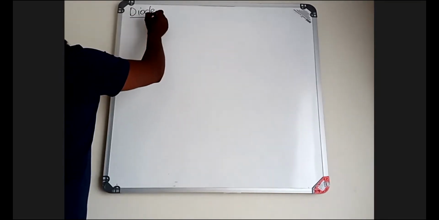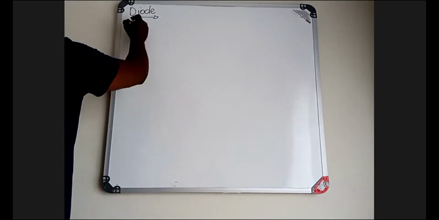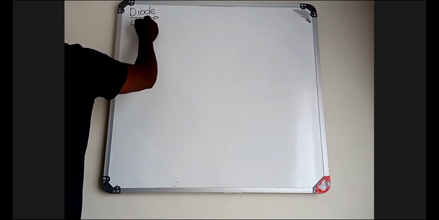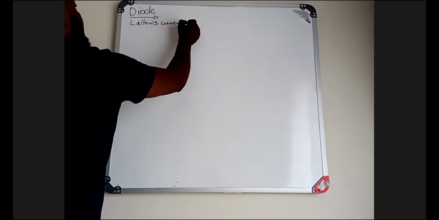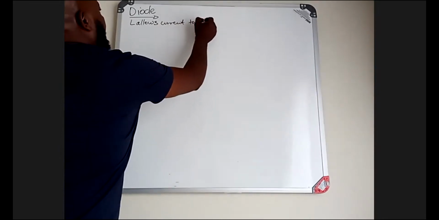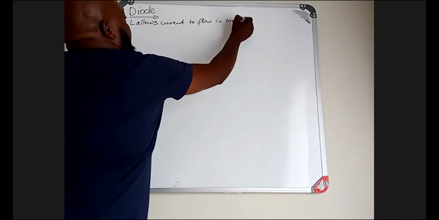Now, the first thing that we need to understand is what is a diode. Based on the explanation of a diode, it is a device that allows current to flow in one direction.